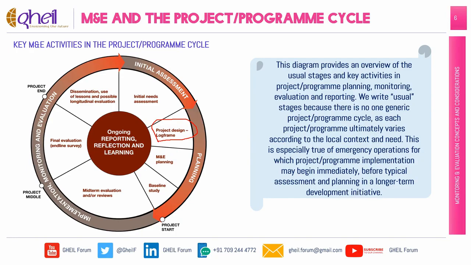This occurs after project program completion to assess how well the project program achieved its intended objectives and what difference this has made. Dissemination and use of lessons. This informs ongoing programming. However, reporting, reflection and learning should occur throughout the whole project program cycle, which is why these have been placed in the center of the diagram.